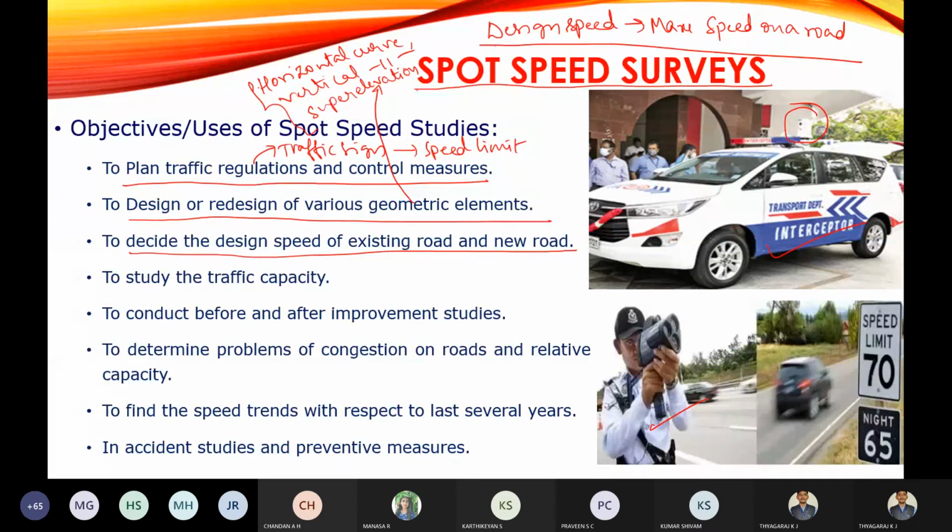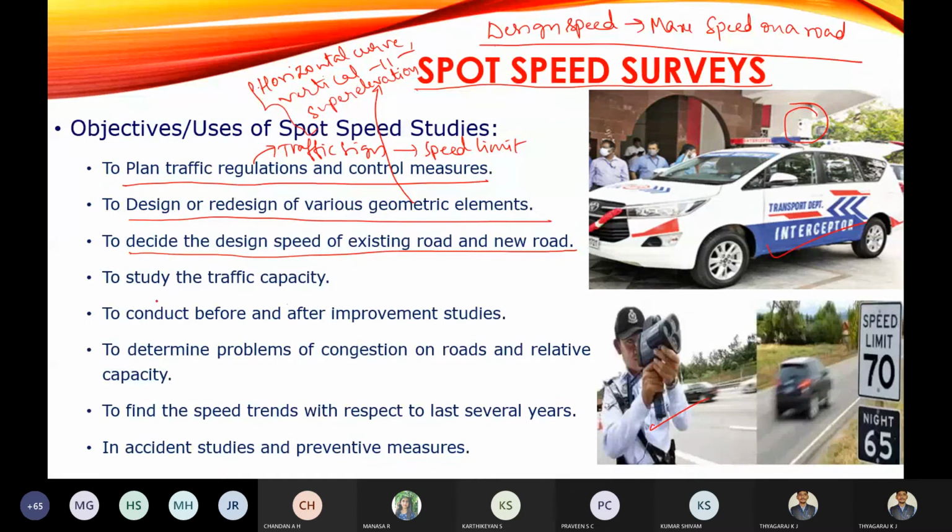If a vehicle is moving at that speed without any obstruction, we call it the design speed. So the spot speed study will help in fixing the design speed of an existing road or a new road.